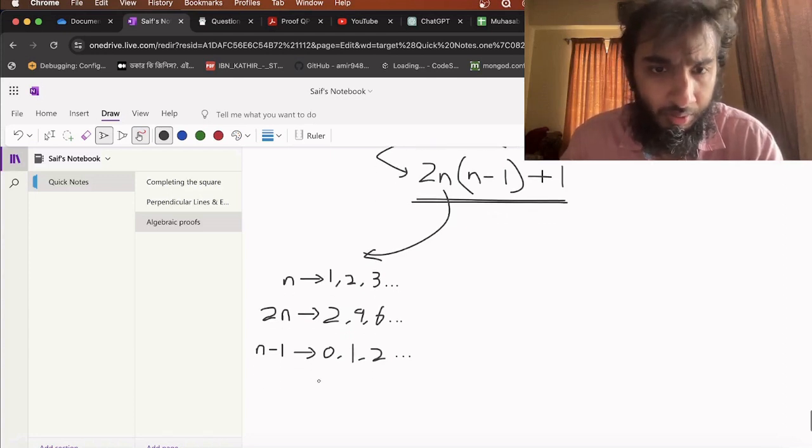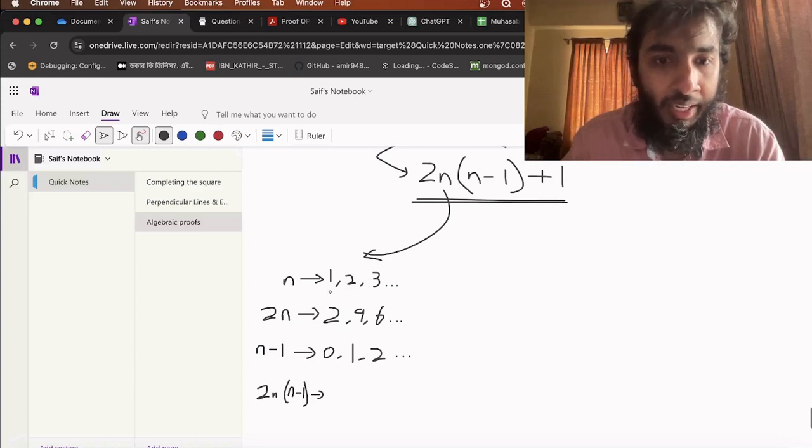So what is the value of twice n multiplied by n minus 1? For n being 1, it is twice n and n minus 1: 2 multiplied by 0, which is 0. 4 multiplied by 1, which is 4.